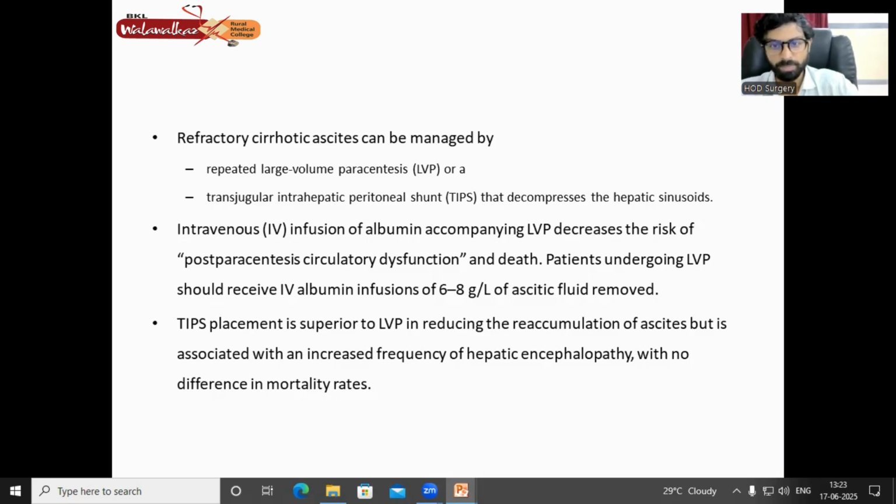Intravenous infusion of albumin accompanying large volume paracentesis decreases the risk of post-paracentesis circulatory dysfunction and death. Patients undergoing large volume paracentesis should receive IV albumin infusions of 6 to 8 gram per liter of ascitic fluid removed. TIPS placement is superior to LVP in reducing reaccumulation of the ascites, but it is associated with increased frequency of hepatic encephalopathy with no difference in the mortality rates.